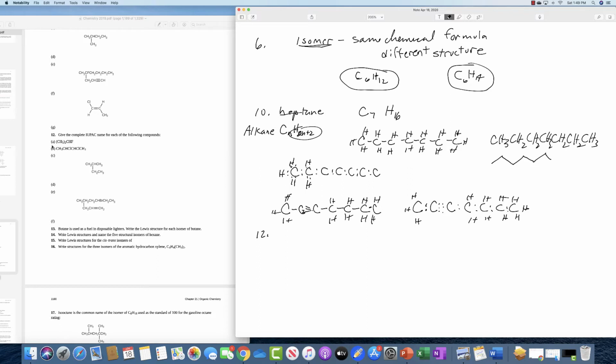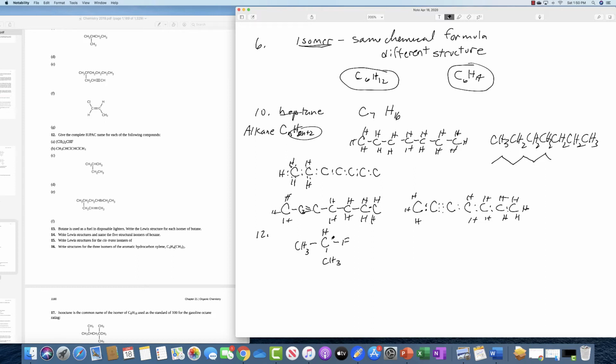So let's take this first one. Now, if you're having trouble figuring out what that looks like, you can draw it. So let's put the C here, and what they're telling you is you have a CH3 here, and then a CH3 here. So there's two of those on a C, and then you have F, okay, on this one, and an H. Okay, now when you name these, you have to figure out what the longest chain is.